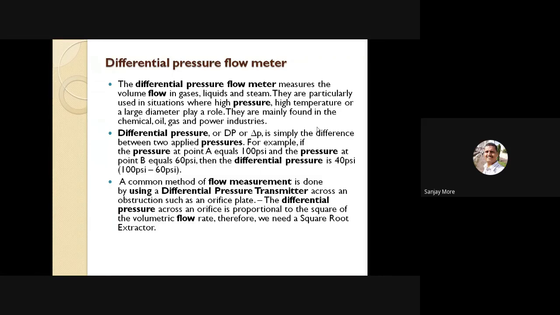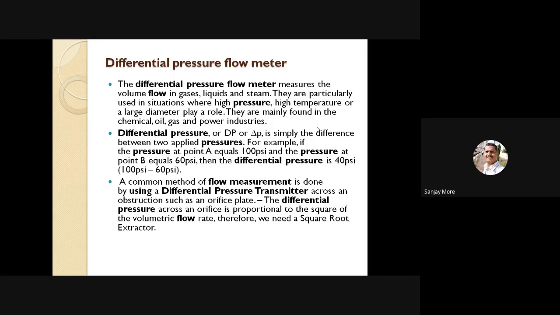So differential pressure flow meters are basically used to measure the volume flow in gases, liquid and steam. Positive displacement flow meters are used only for liquids. They are particularly used in situations where high pressure, high temperature or a large diameter play a role.